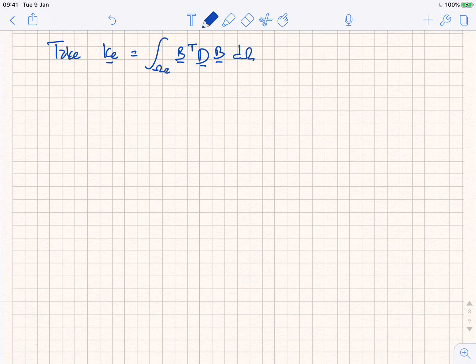We say we are using our isoparametric formulation, so the geometry that we're using remains linear, right? And so we are transforming that integral into an integral that happens at my master element. I'm going to just write it like that, where I have the Jacobian, or the determinant of the Jacobian matrix, right?